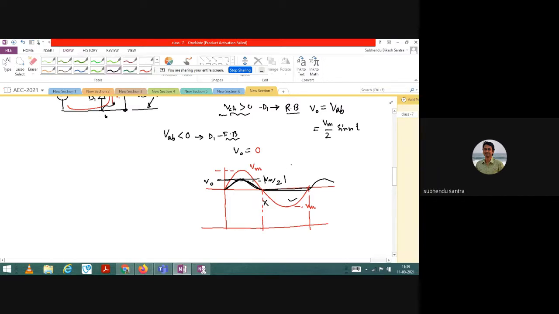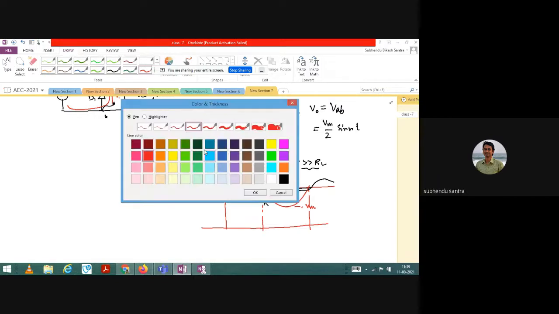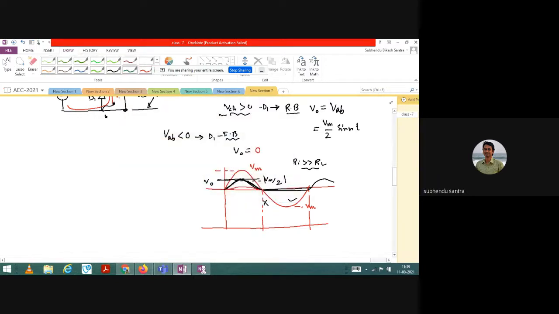Now if Ri is very much greater than RL, I already told you, if it is very high and not equal, then the voltage will fall further. So see the importance of the internal impedance. Internal impedance plays a very major, vital role here. You are happy that you can remove the negative portion from the input, that is a negative clipper, provided you should have the positive half, yes or no?